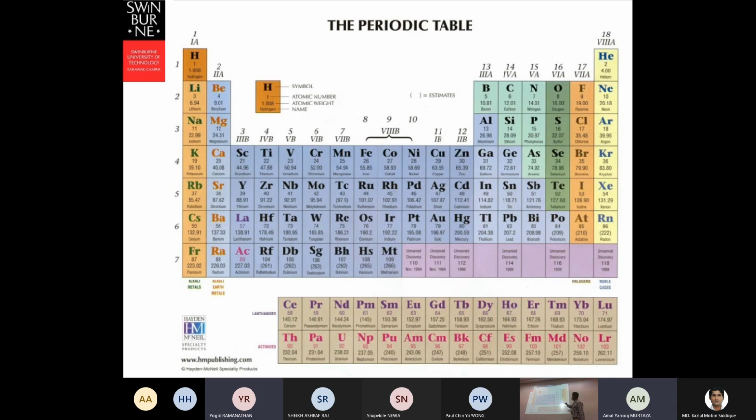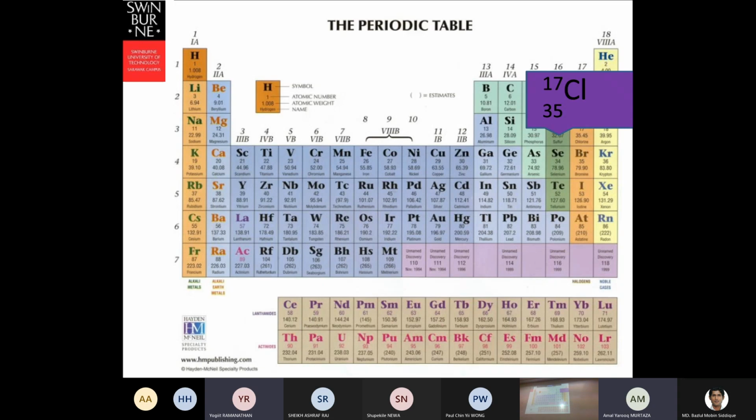Here are the isotopes. For any of the elements you see here, everybody has isotopes, and some of them have hundreds of isotopes. So let's say for chlorine, the isotopes are here, 35 and 17, right? Just now we have seen it.